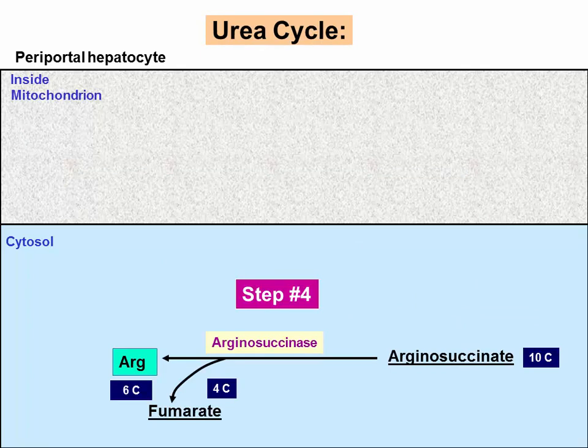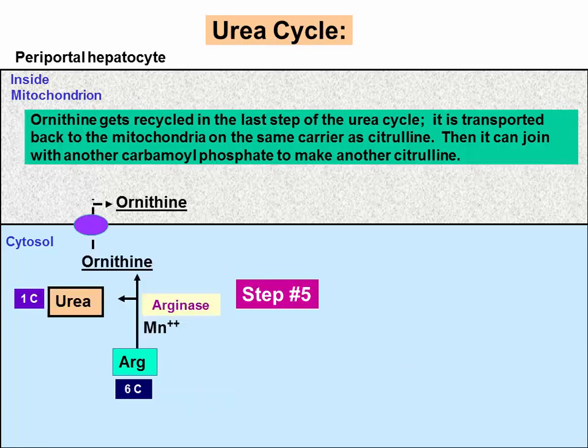Step 4, arginosuccinate now gets cleaved to make arginine and fumarate. All right, and that is arginosuccinase that does that. Step 5 is arginine gets cleaved to yield urea and ornithine.